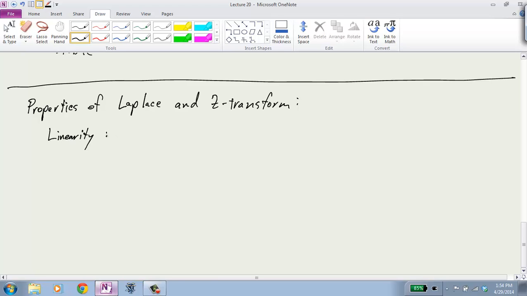Right? So a x of t plus b y of t, when you transform it with either Laplace or a Z transform, you just get a X of s plus b Y of s.